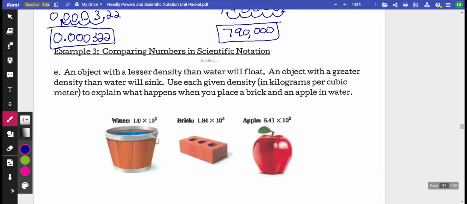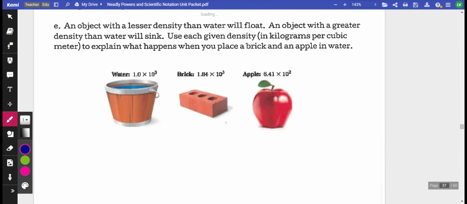Well, before I even look at this, I want to use just my background knowledge. If I have a bucket of water and I drop a brick into the water, just from my knowledge, it's going to sink to the bottom. But I know apples float at the top.